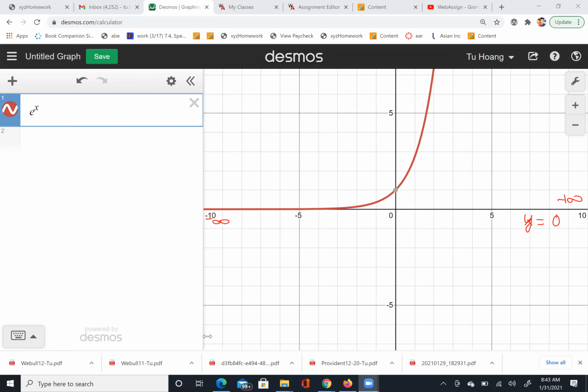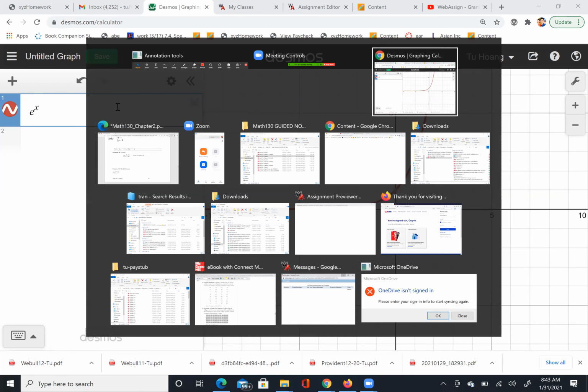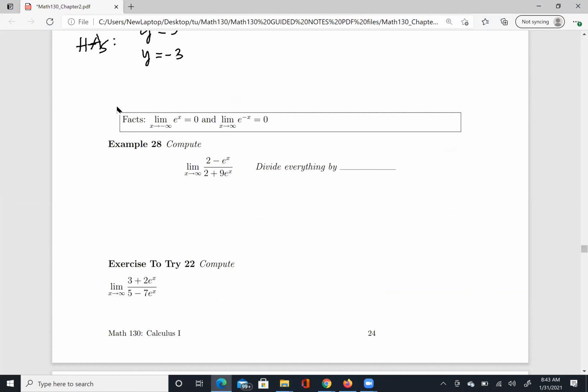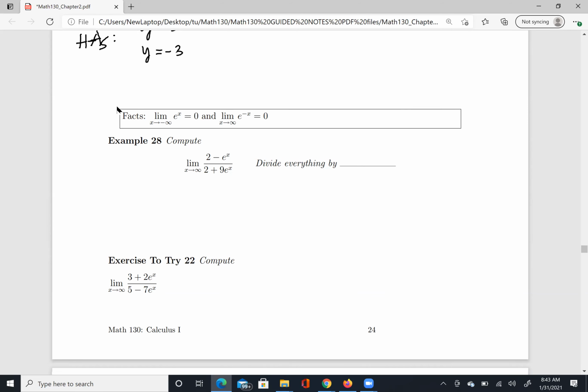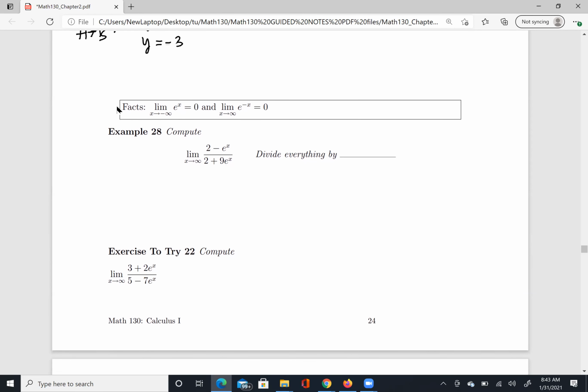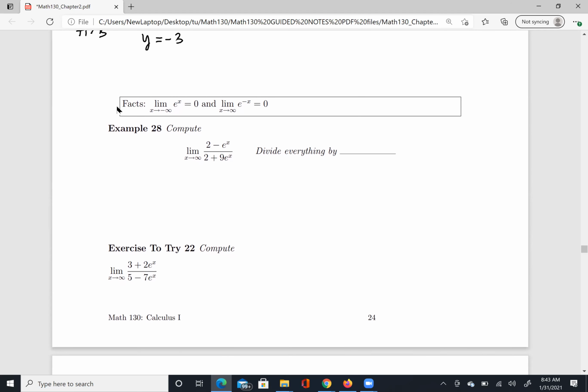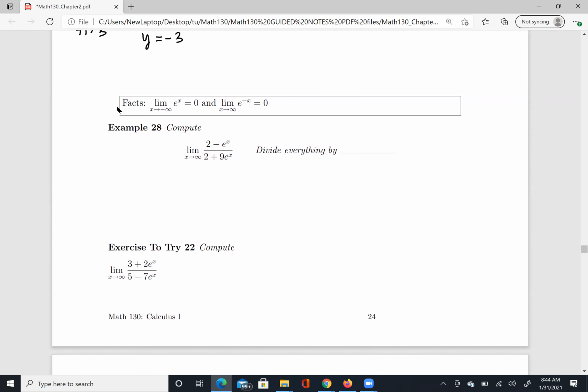Now, example 28. Let's compute the limit of 2 minus e to the x over 2 plus 9 times e to the x.